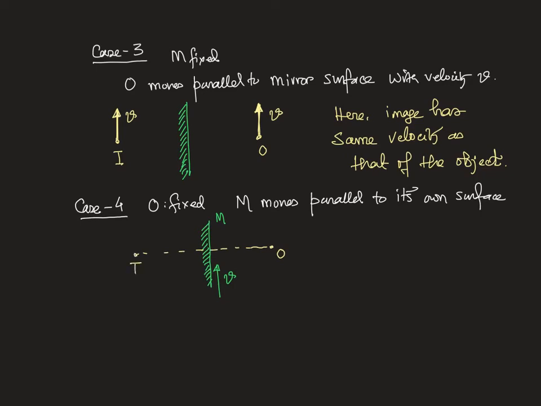What will happen to the image? Say you have a mirror in front of your face. Move the mirror up. Does your face move up? No. So the answer is nothing. Nothing happens. That means the image is at rest, or fixed.